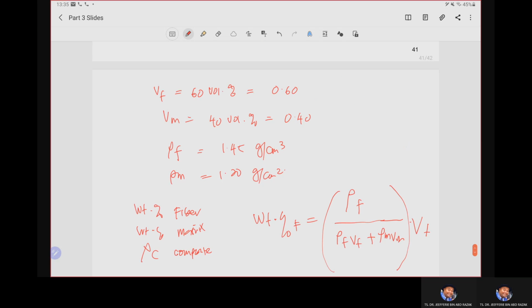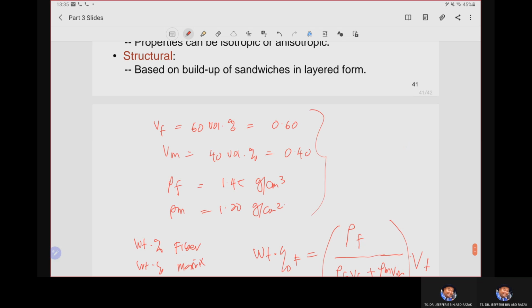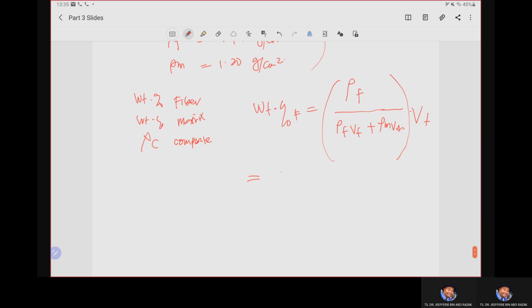Just plug in all these values: 1.45 for rho F, the density of fibers, divided by 0.6, the volume fraction of fibers, times 1.45, plus 0.40, the volume fraction of matrix, times 1.02 gram per centimeter cube. Calculate all these values, and don't forget to multiply by 0.60.